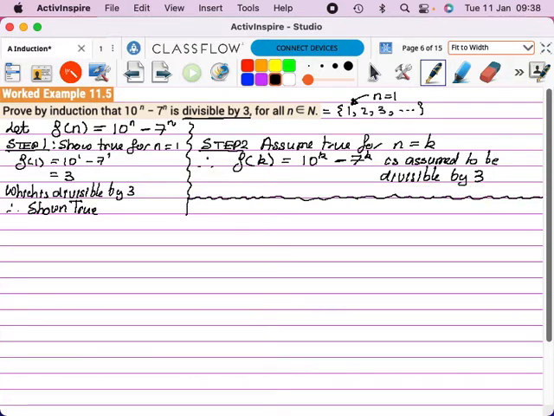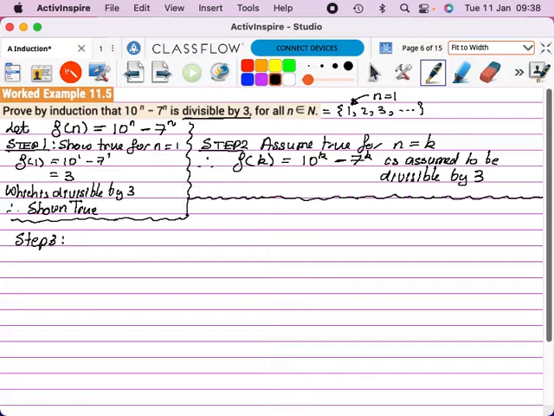Now we're on to step 3. And step 3, we need to show, prove. It doesn't really matter what the language is, as long as you convey what you're trying to do.